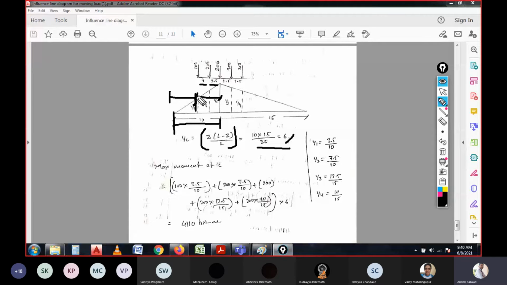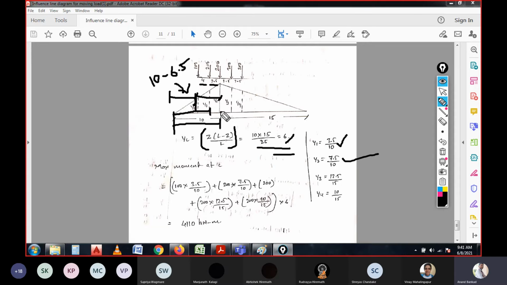This distance I am showing here is 2.5 and 4, that is 6.5, and the remaining is 10 minus 6.5, which is 3.5, divided by 10. And next, 2.5 is lesser than that, so up to here we need to consider, so that is 7.5 by 10. And for yc we have 6.